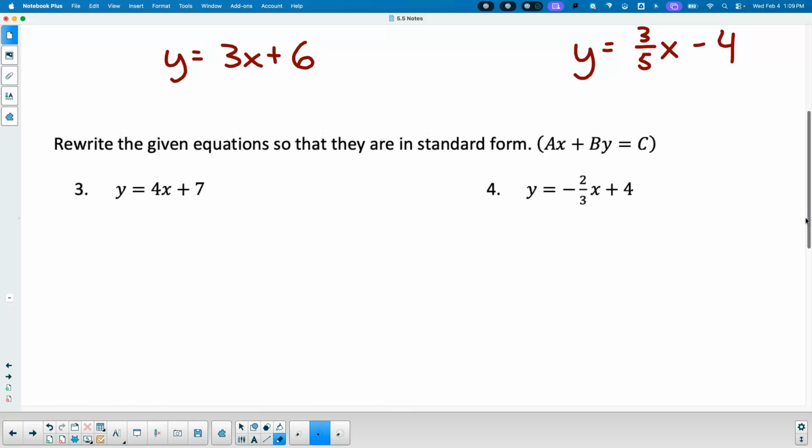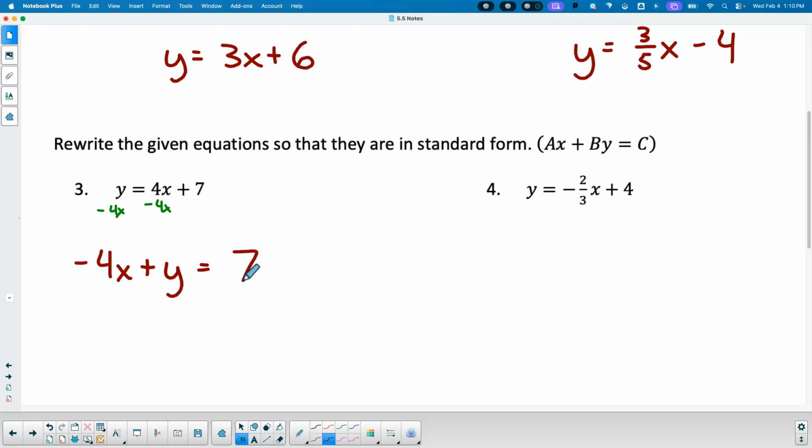Rewrite the given equations so that they are in standard form, Ax plus By equals C. So that means I need to get x and y on the same side. So if I subtract 4x from both sides, then I get negative 4x plus y equals 7. Okay? We would accept that as an answer, because right now we're really just worried about x and y being on the same side.